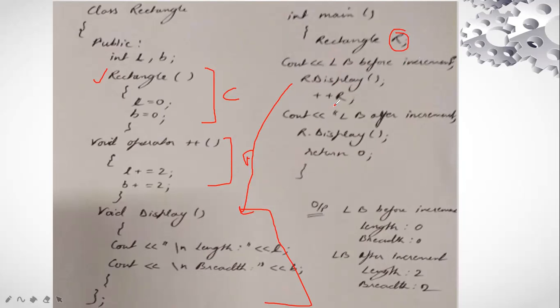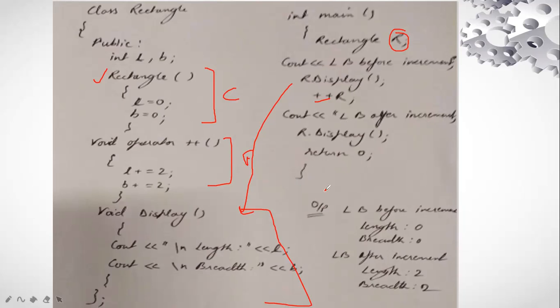Then I have incremented, I have used this operator plus plus R, right? Why R? Because this is the object. This is the operator and this is the object, plus plus R. Now again I'm going to print length and breadth after increment. Then again I'm going to call R dot display, return 0 and close.